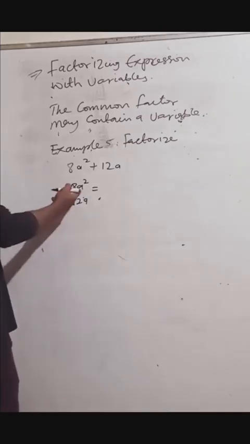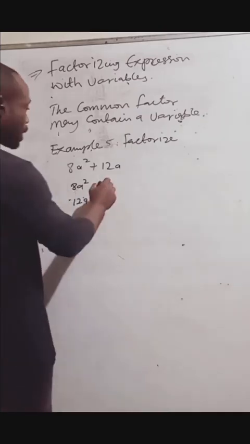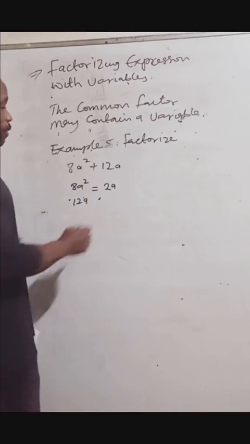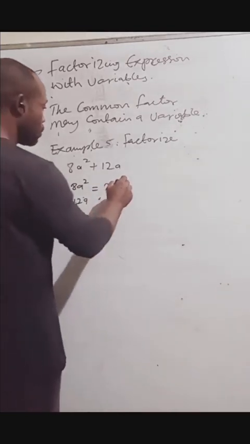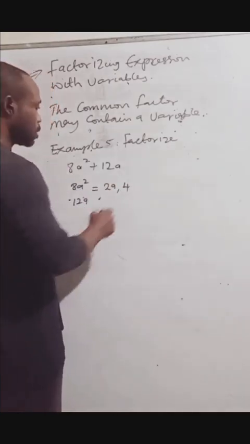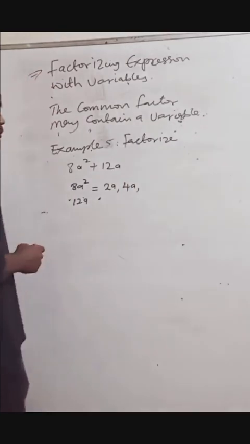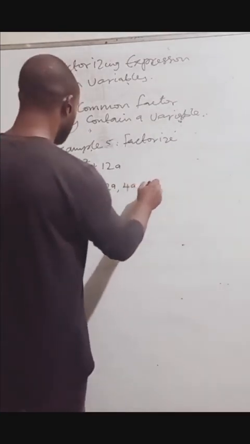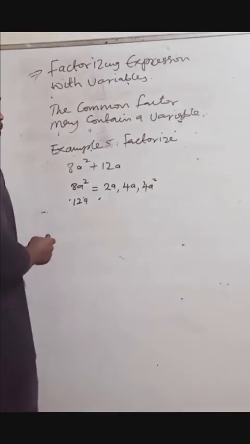So what are the factors of 8a squared? Factors of 8a squared are 2a. 2a is a factor. 4a is a factor. 4a squared is a factor.